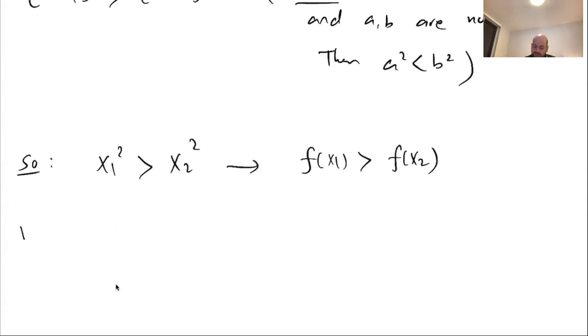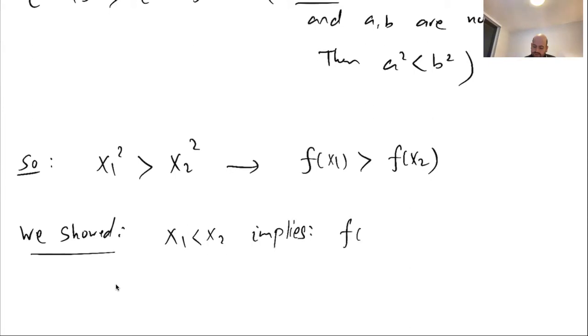So what did we show? We showed that x1 less than x2 implies f of x1 bigger than f of x2 for every x1 and x2 in the domain of f.